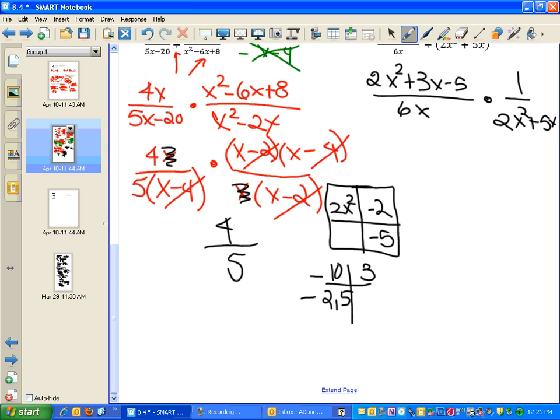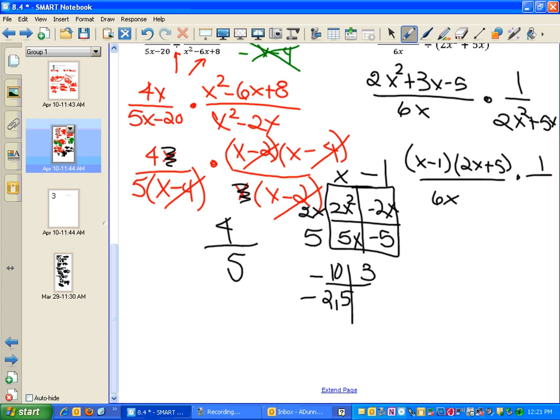So negative 2x and positive 5x. Agreed? Pulling out what? Negative 1. Remember when that top one is negative, we're pulling out a negative sign with it. And here we're pulling out an x, here a 2x, and here a 5. And so this becomes x minus 1 times 2x plus 5. Agreed? This is 6x. This is a 1.